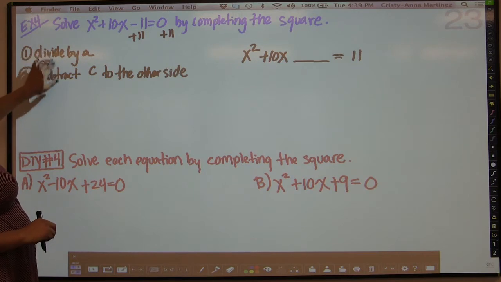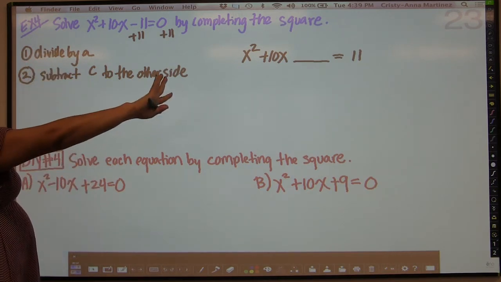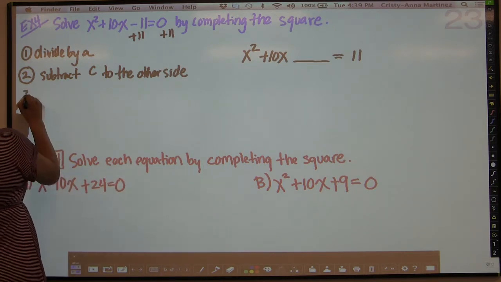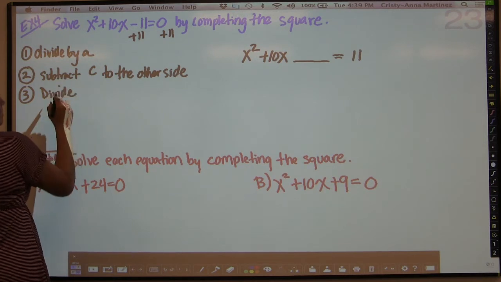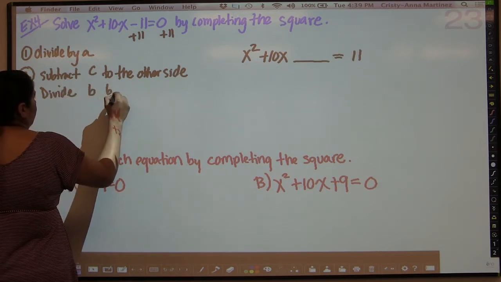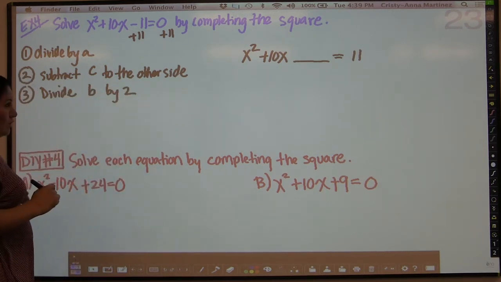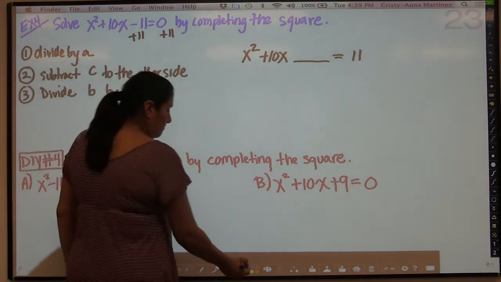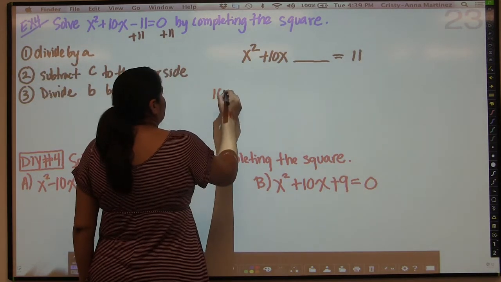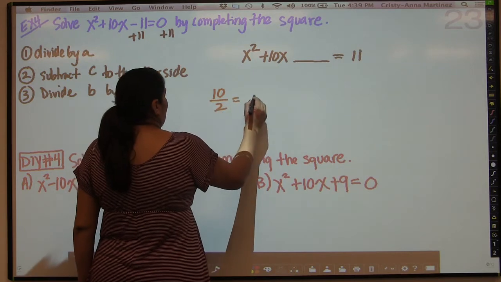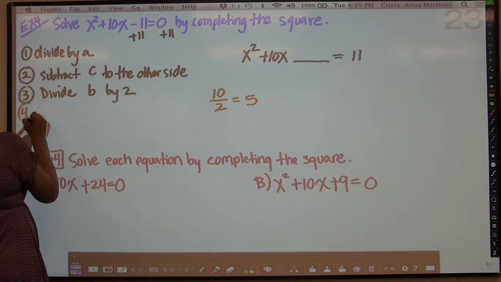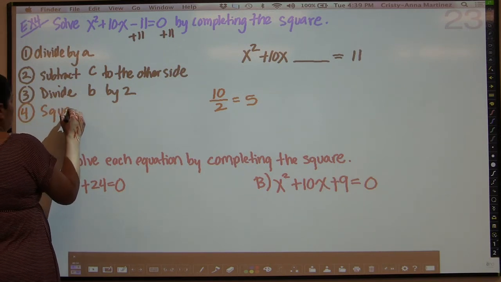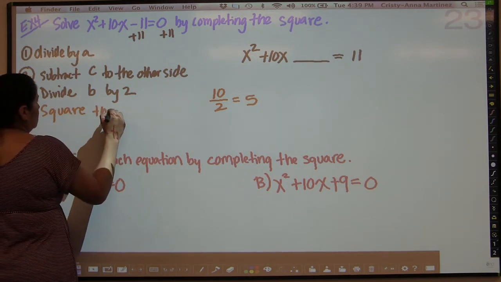And these actually 2 steps can be done in either order, but there we go. So we move the negative 11 to the other side. Step 3 is divide b by 2. Okay, so in this case, my b is 10 divided by 2, which is now 5. Okay, so in step 4, you want to square the result.